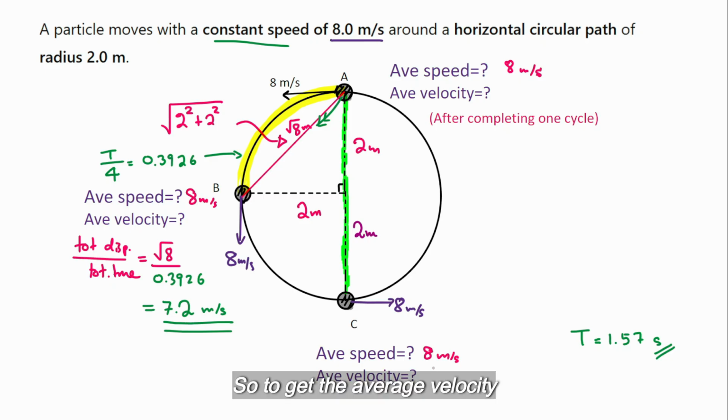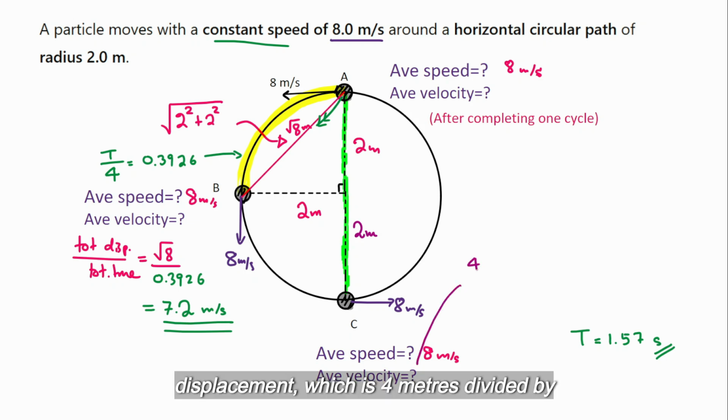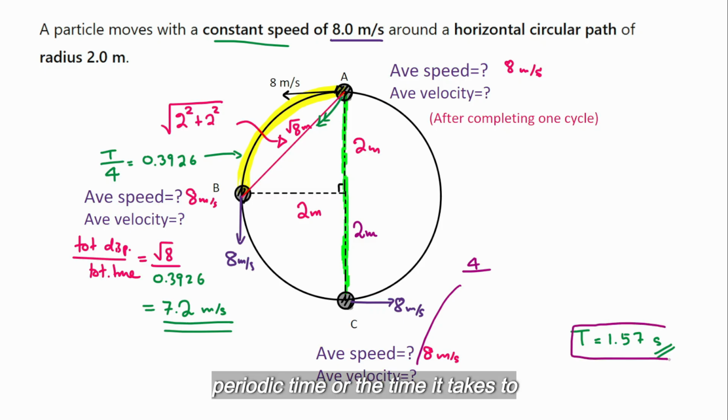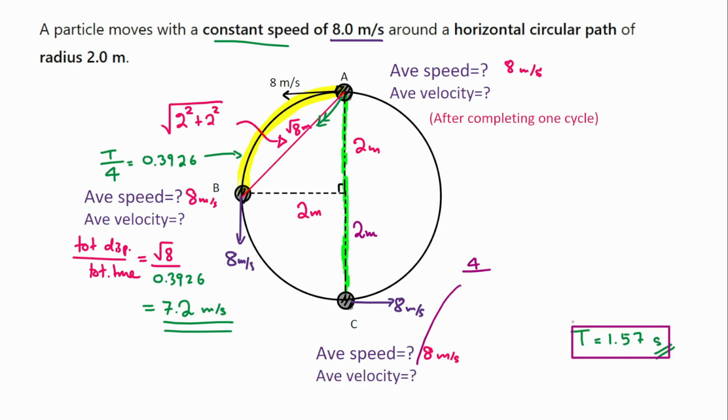So to get the average velocity, I need to divide total displacement, which is 4 meters, by the total time. Now, we already figured out earlier that the periodic time, or the time it takes to complete one whole cycle, is 1.57 seconds. Obviously, half of that is what it takes to complete half of that, which is from A to C. So half of 1.57 is 0.785.